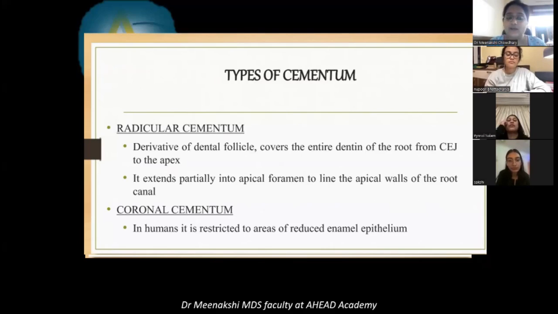Next is radicular cementum, a derivative of the dental follicle, covering the entire dentine of the root from the cementoenamel junction to the apex. Radicular cementum extends only partially into the apical foramen, where the apical walls of the root canal are also covered.